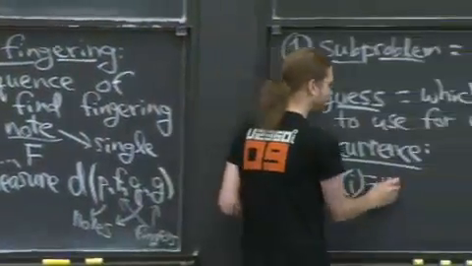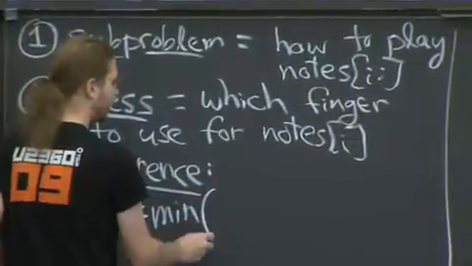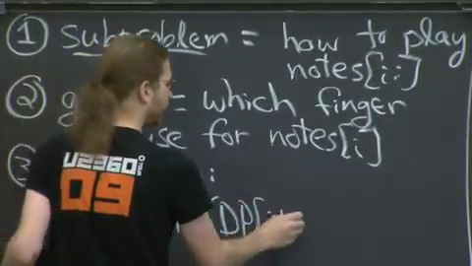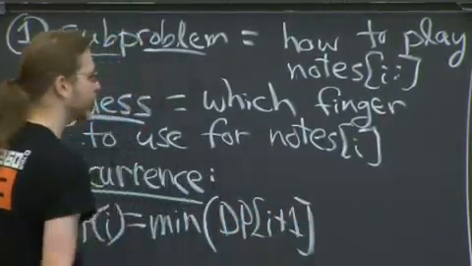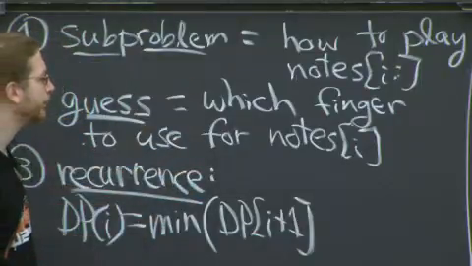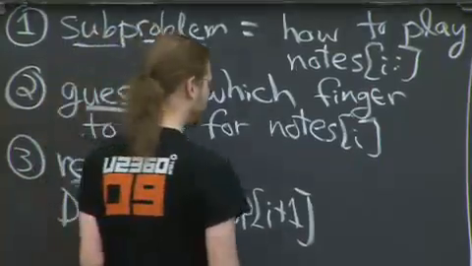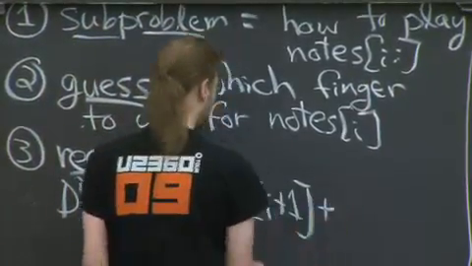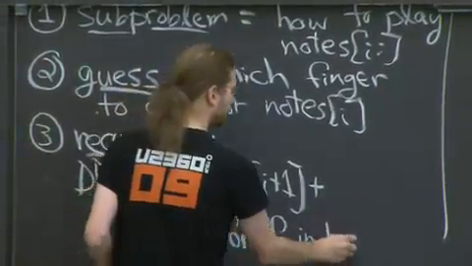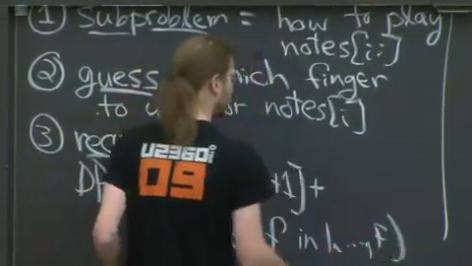So we'll take a min over all of our guesses of what it would take to play the rest of the notes, plus somehow the cost of playing the first note. So what's the cost of playing the first note? And then there's going to be a for loop over fingers. That's going to be the min.